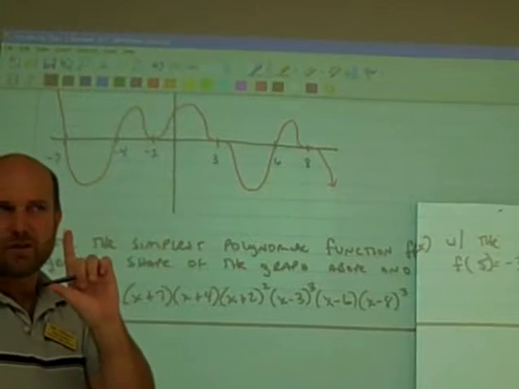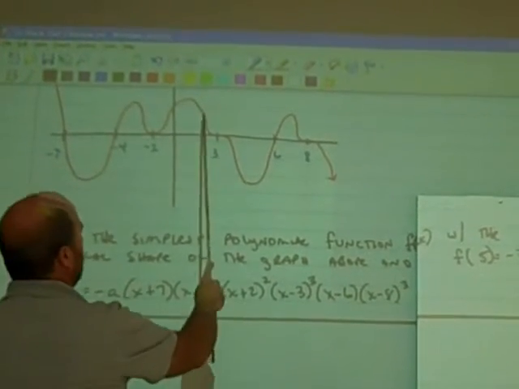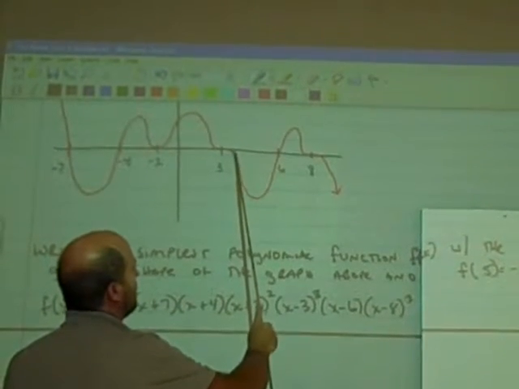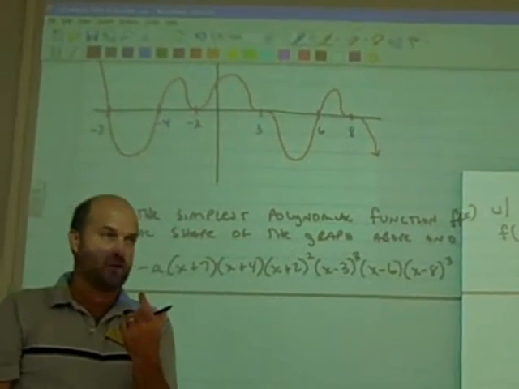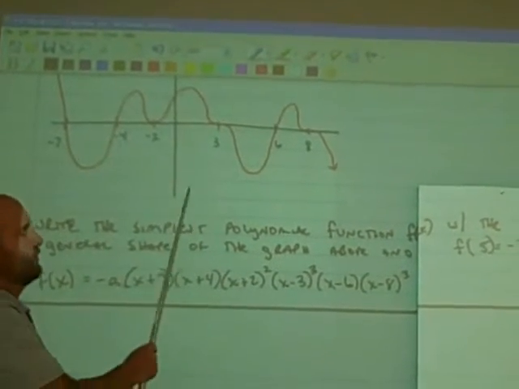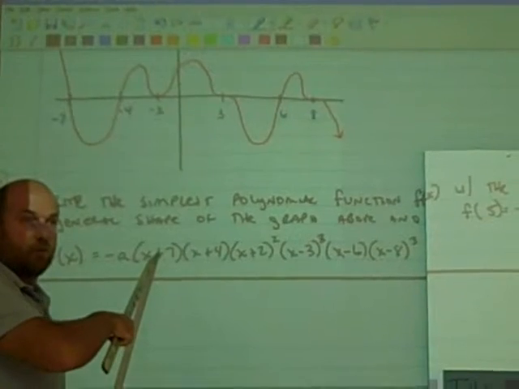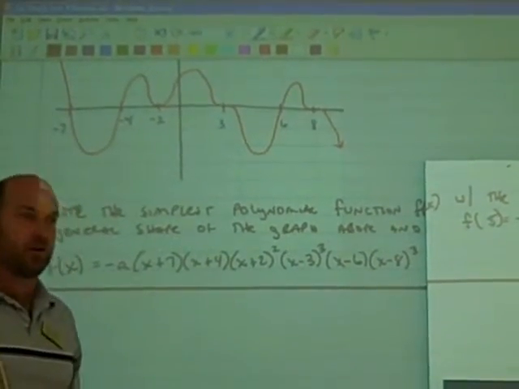But if it comes down and acts like, hey, I'm going to sit there, and then, nope, change my mind, I'm going to go on through, that's when it has an odd number of factors associated with that root. So it's all on how it intersects the x-axis as to whether you have the factor once, an even number of times, or an odd number of times greater.